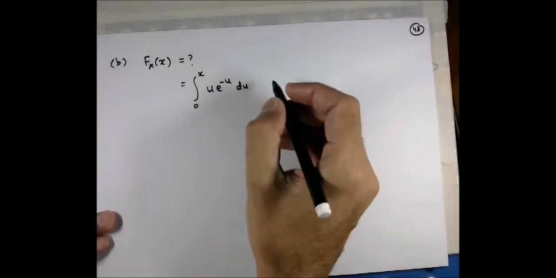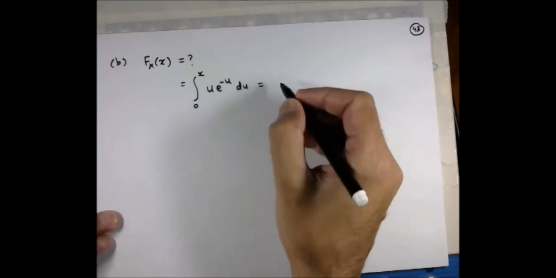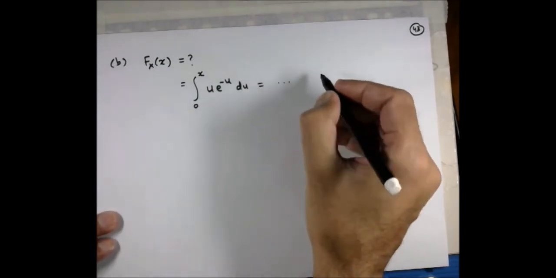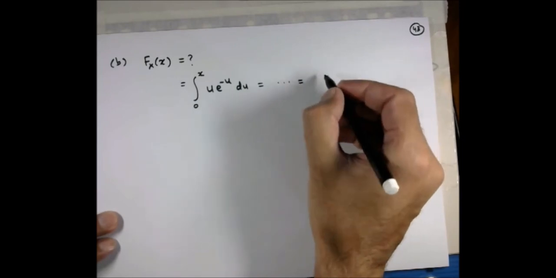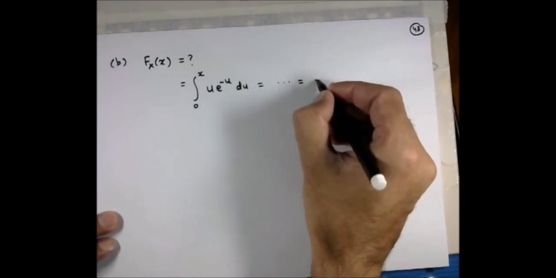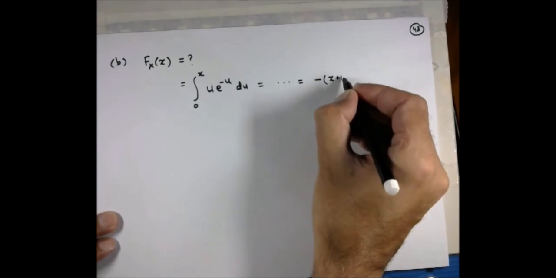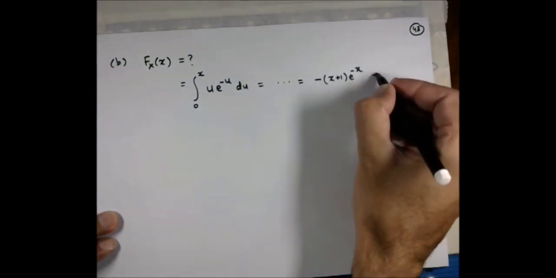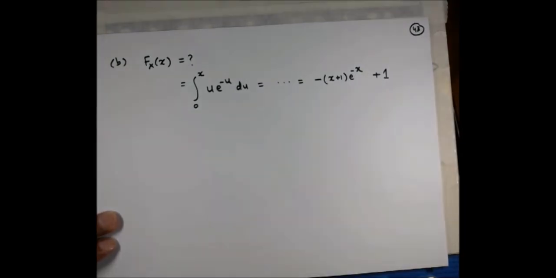So if you integrate this, again I'll leave this to you guys because these are simple integrations. You will have minus times x plus 1 e raised to power minus x plus 1.